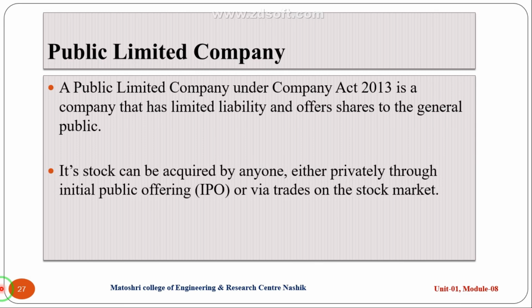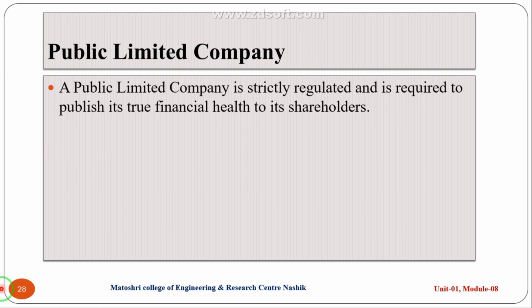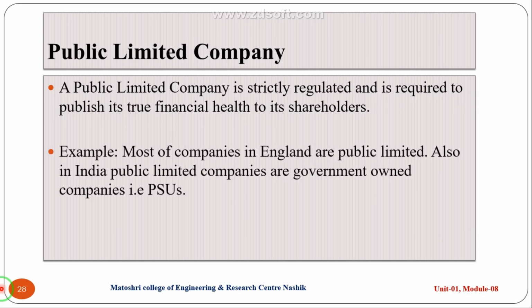Its stock can be acquired by anyone, either privately, through an initial public offering by issuing an IPO, or via trades on the stock market. A public limited company is strictly regulated and is required to publish its true financial health status reports to its shareholders.